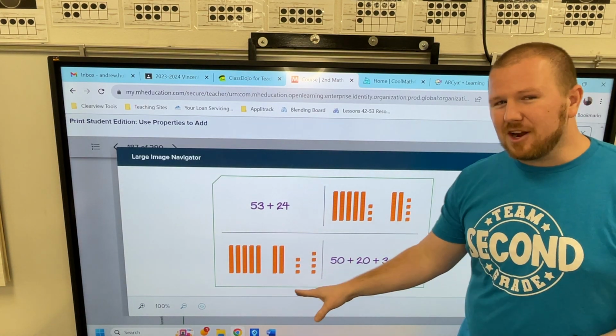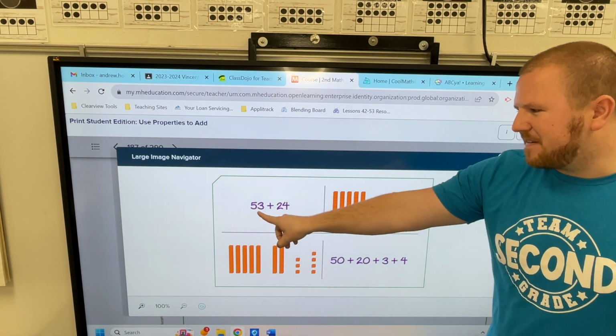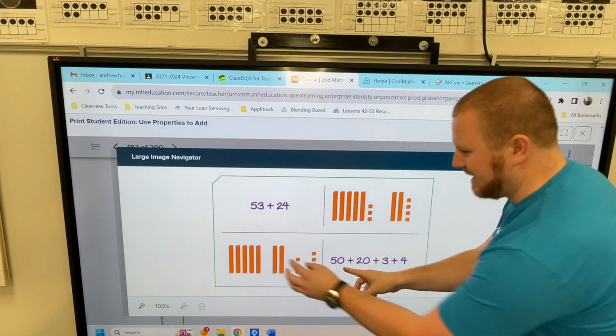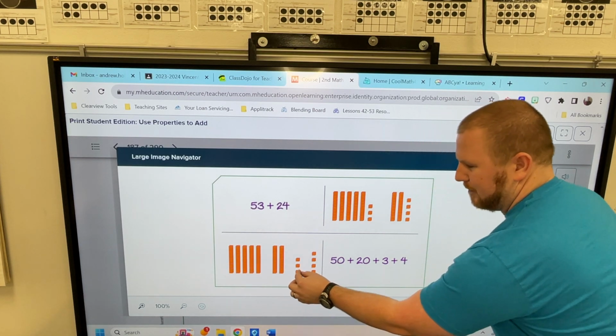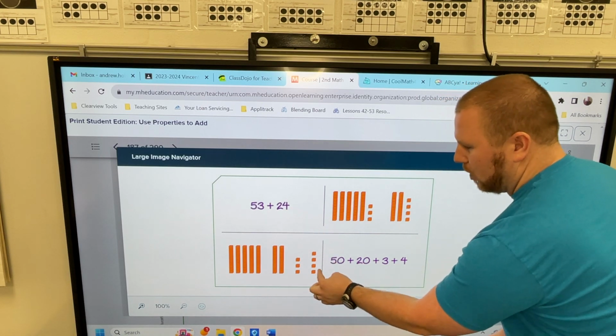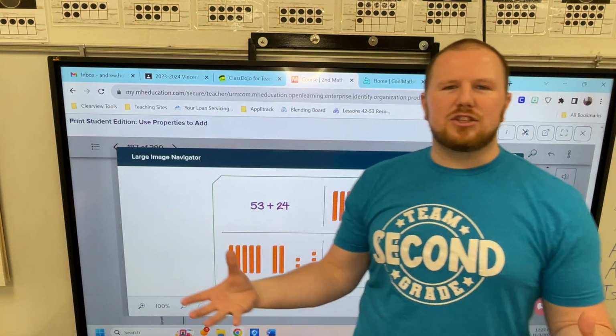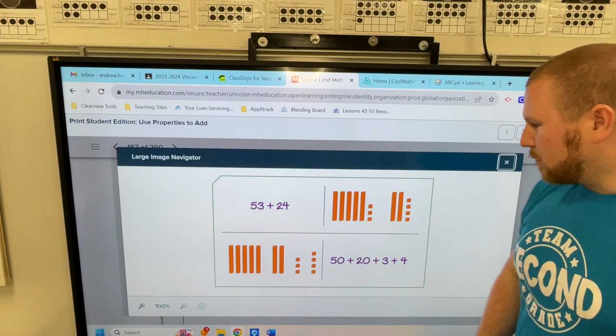What we see down here is them trying to break them further apart. Instead of 53, they took the 50 and the 3 and separated them. So the 50's here and the 3's here. And they took the 20 here and the 4 here. Why they did that is to show how we can regroup to count up. It's one of the strategies.